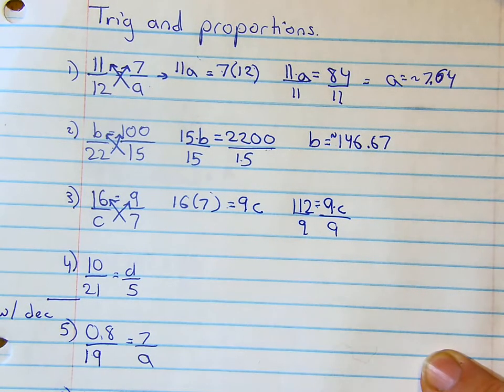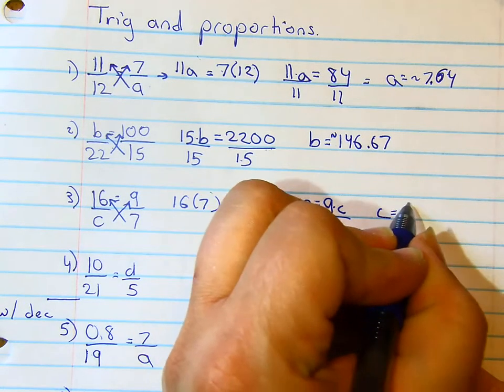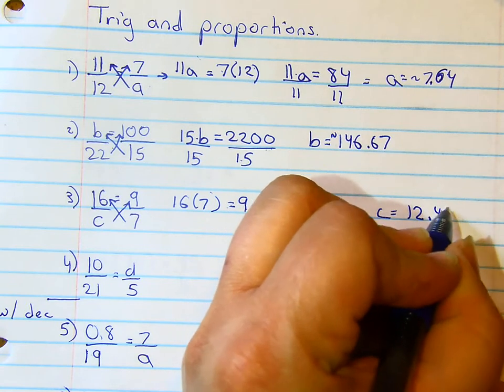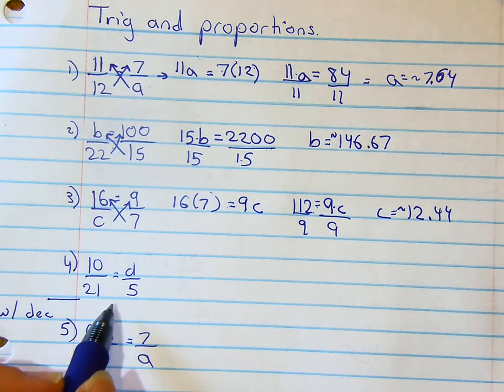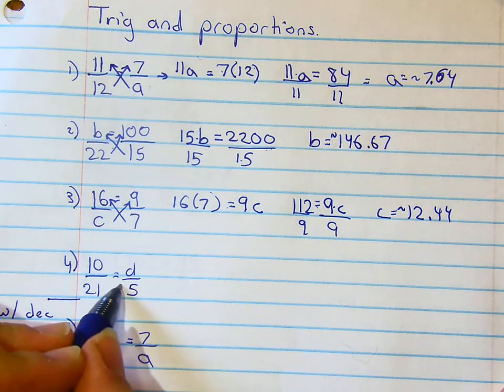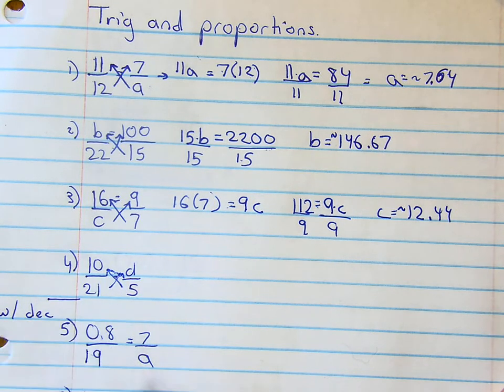Divided by 9, c equals 12.44. Okay, and last on our basic proportions one, cross multiplication. And again, you're always welcome to pause the video at any point in time to check your work and your answers, and then play it to see how you did and if you got it right.